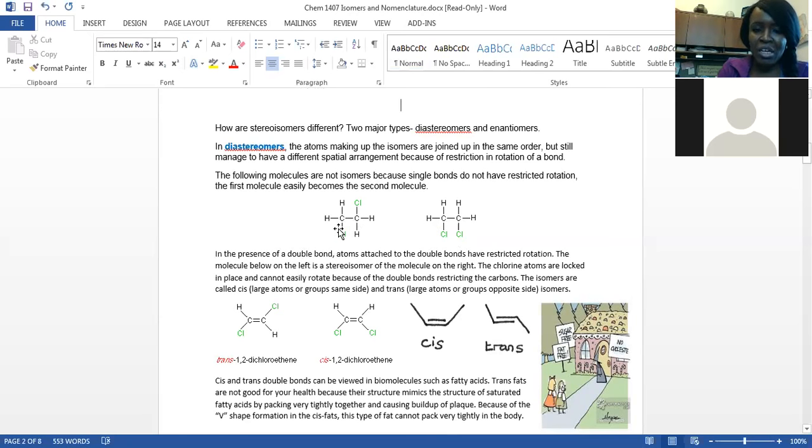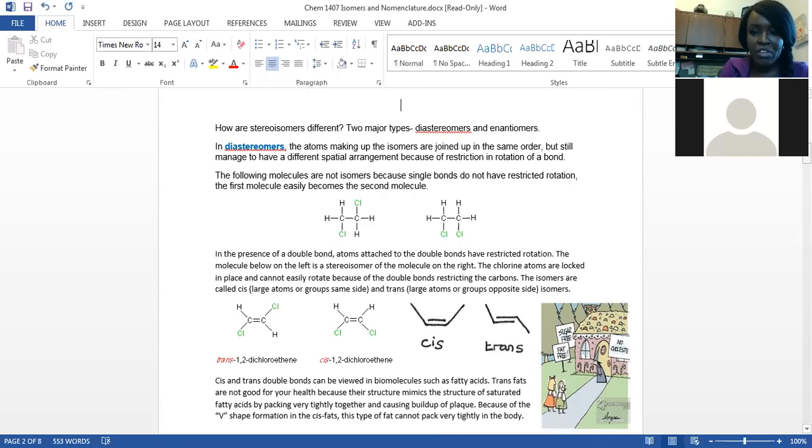The single bond allows the carbon to freely move around to give you this structure. So the structure on the right flips over to form the structure on the left when this chlorine flips up, and vice versa. When this chlorine flips down, you get the structure on the right. So the right and the left can flip to form each other.